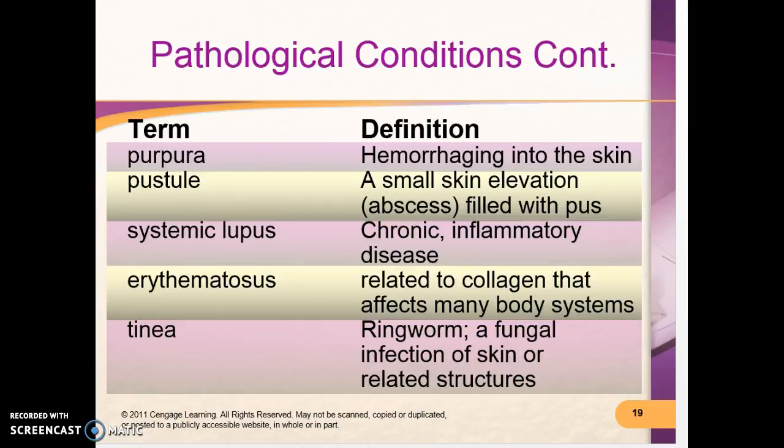Systemic lupus is actually considered a condition that's part of the integumentary system. So once you get through familiarizing yourself with these different conditions, then I want you to make sure that you are learning some of the different medications and some of the drug terminologies that go along with this.